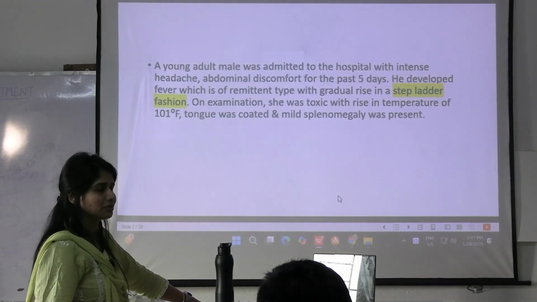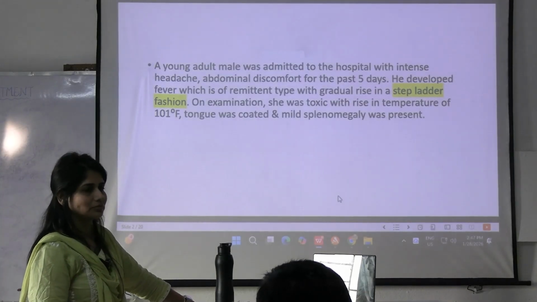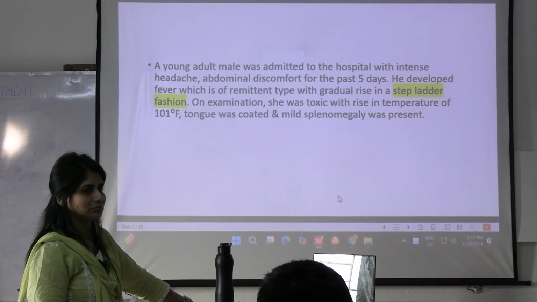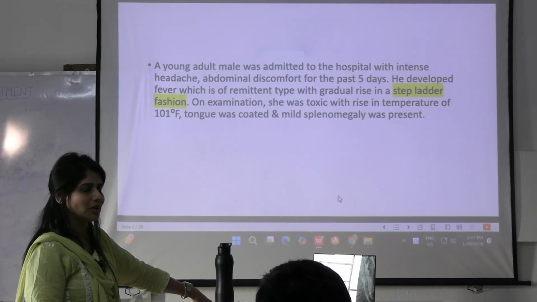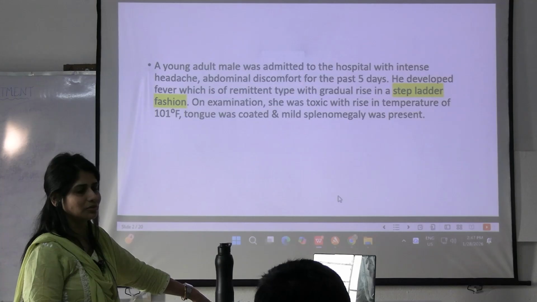What are the risk factors? Anything that comes to your mind, how it happens. You told me it's because of the contaminated food.